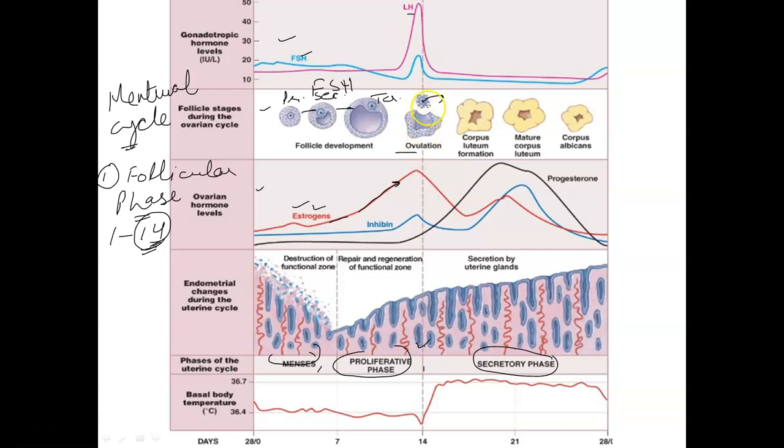When the egg, the secondary oocyte, is released, the estrogen level also rises at this time.